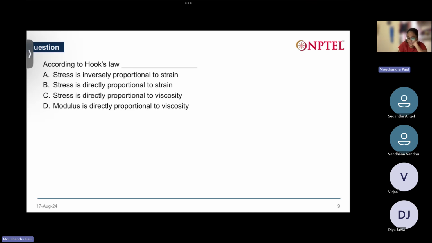So if we draw a curve, stress versus strain, Hooke's law says that there will be a straight line around 45-degree angle that shows the stress is directly proportional to strain. This is also called elastic region or Hookean region. So Vandana is correct. Option B is correct here. Stress is directly proportional to strain. That is Hooke's law.